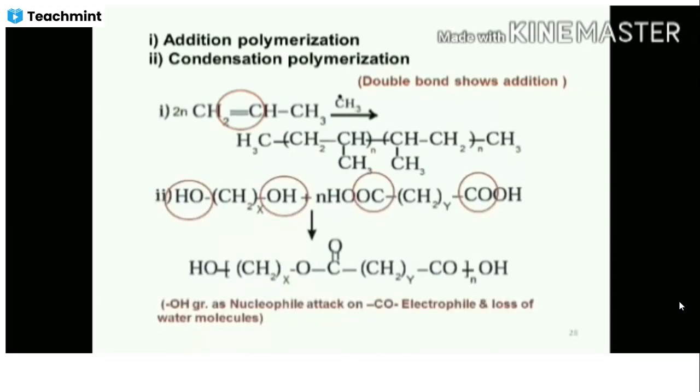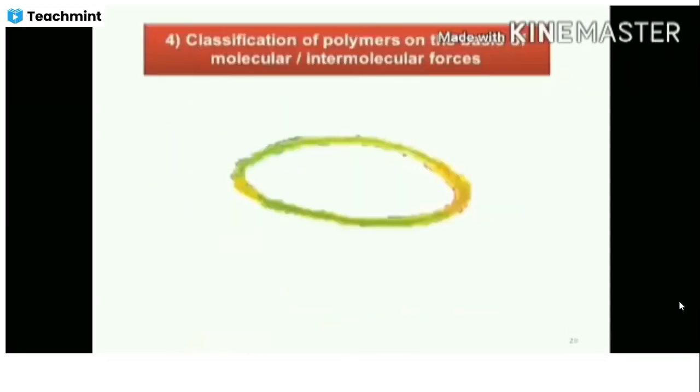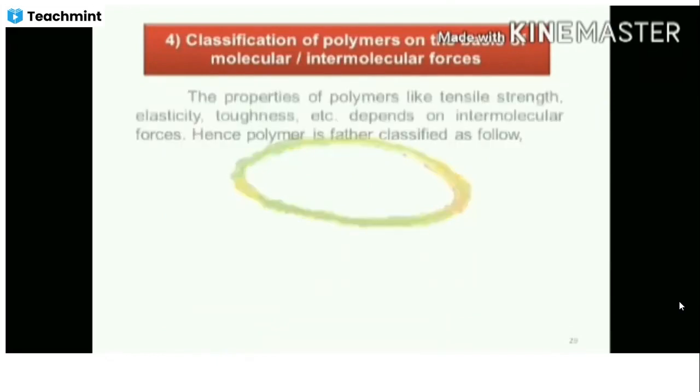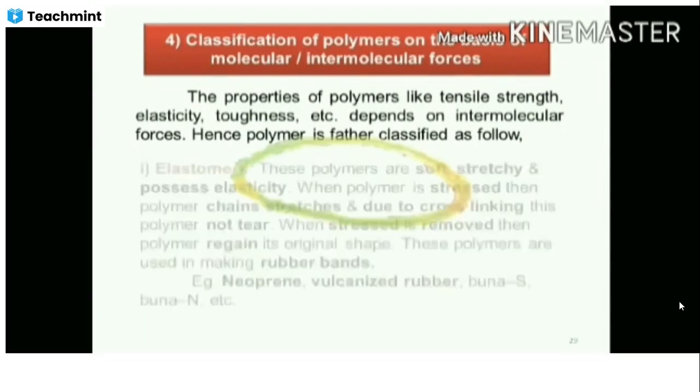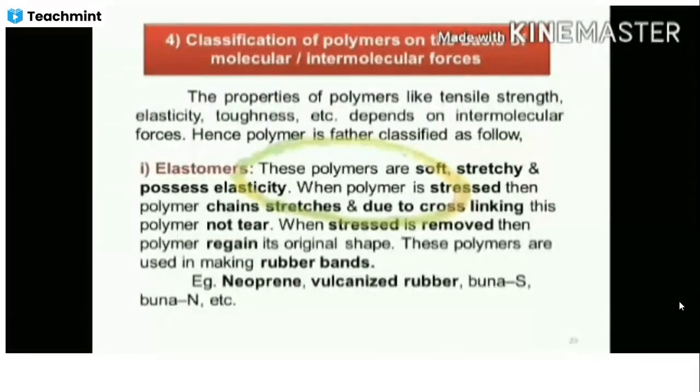Next type, classification of polymers on the basis of molecular or intermolecular forces. The properties of polymers like tensile strength, elasticity, toughness, etc. depend on the intermolecular forces. Hence, polymers are further classified as follows. First, elastomers. These polymers are soft, stretchy, and possess plasticity.